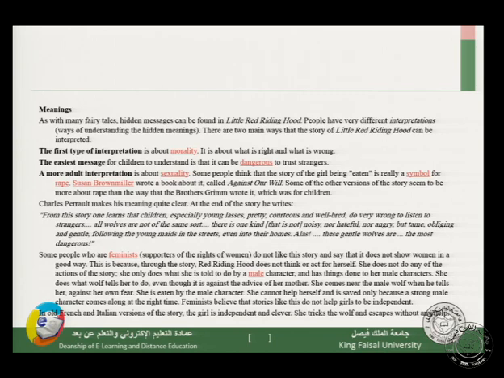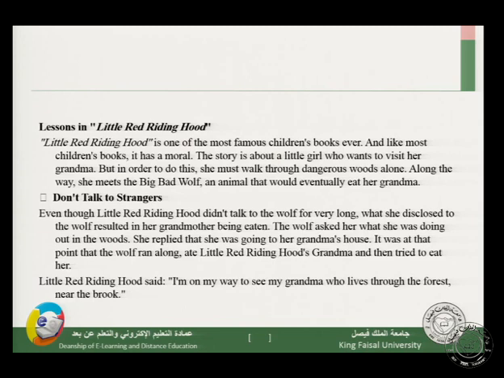Okay. Then other lessons that we learn from this story. Some of this is mentioned before, the moral lesson. This is also repeated again and again: how this story teaches children a moral lesson.